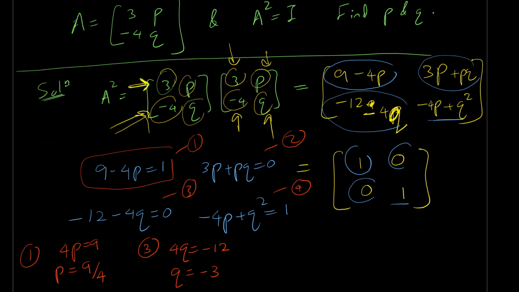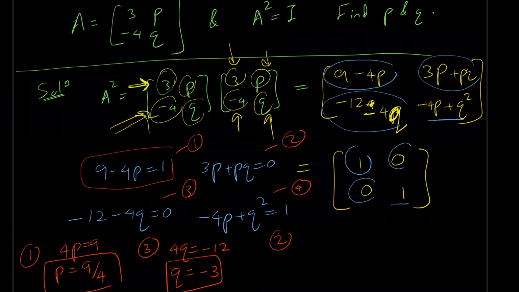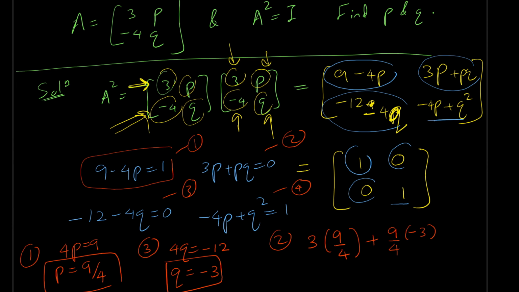So using equation number 1 and 3 I found p and q, but I have 2 more equations, so let's check. Equation number 2, 3p, so 3, p is 9 over 4, let's check our solution, plus pq, p is 9 over 4, q is negative 3, is 0.